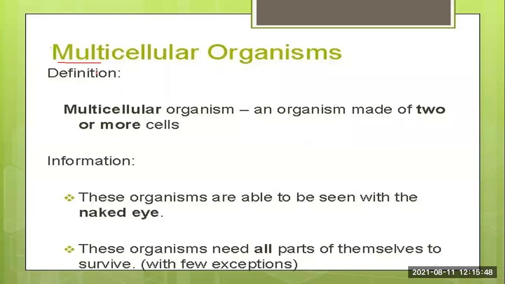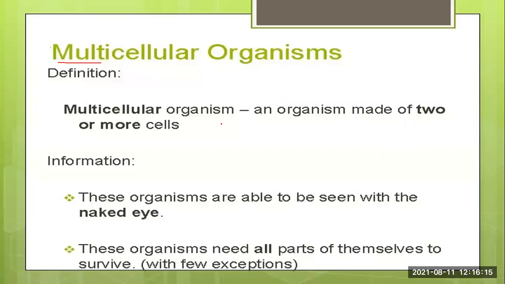As I told you that multi means many. That many will include two or more. So if the living thing is having one cell, that will be unicellular. If it is having two, three, four, million, trillion, so that will be included in multicellular organisms.